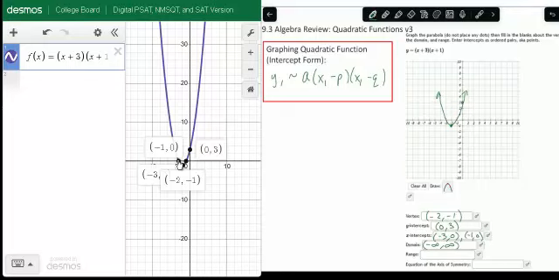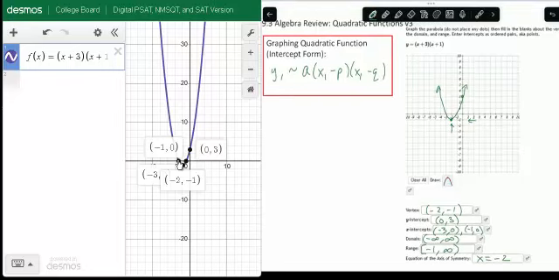My range is my lowest y value is -1. My highest y value is infinity, never can reach infinity, so parentheses, -1 is included, so a bracket. And the equation of the axis of symmetry is x equals the x-coordinate of my vertex, which is -2, and there's all the answers that are needed for that question.